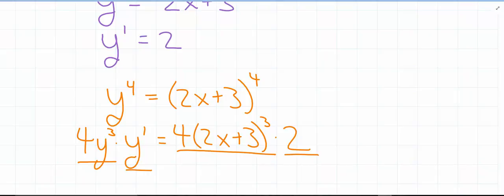Well, this is y prime right there, right? So notice that even though the left-hand side and the right-hand side look different, they're really saying the same thing. It's just on the left-hand side, I'm not given y explicitly. I know y is equal to something in terms of x. I don't know what, but I'm just going to call it y prime.